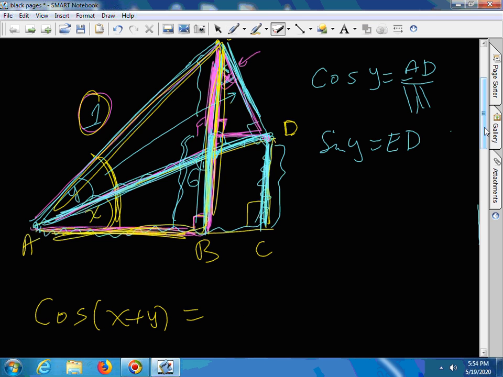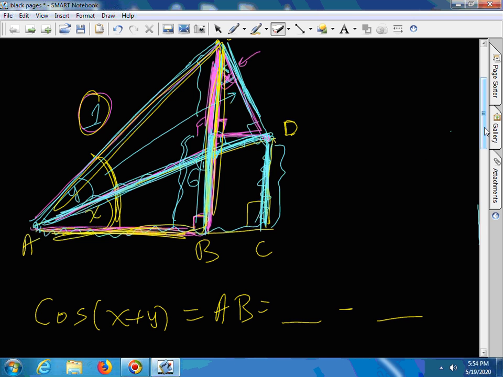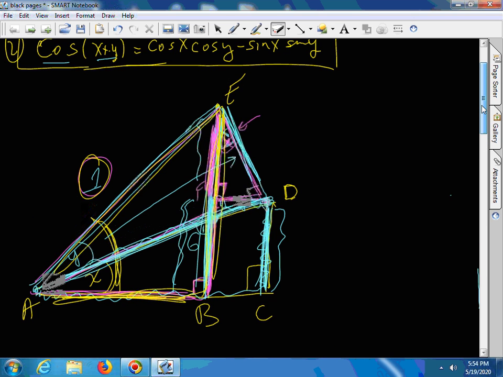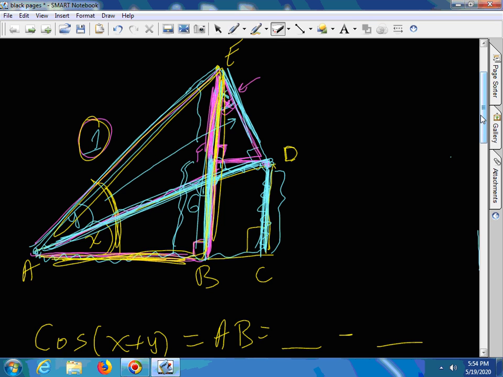And we have the knowledge that the cosine is going to have a minus in the middle. That is, I want to write AB as a subtraction. That would really be helpful if I can write AB as a subtraction. And it's kind of obvious. Go out to AC and then take away BC.